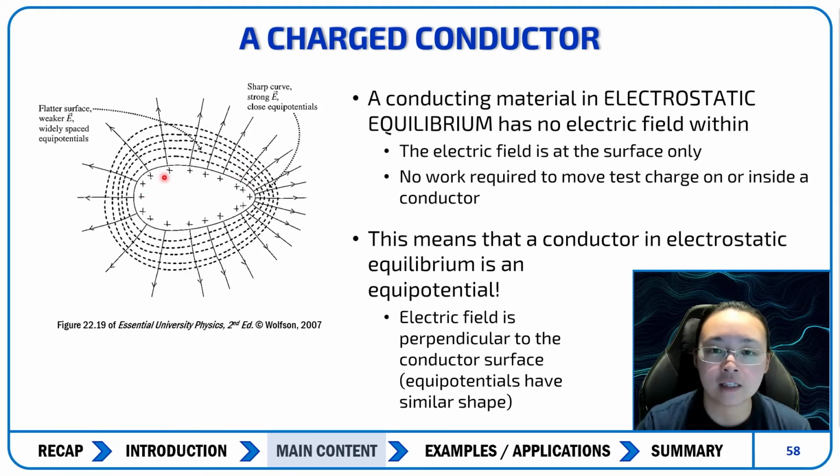So as the electric field lines radiate out from the positively charged surface, you have an egg-shaped equipotential line getting spaced out farther and farther apart as you go through it. And of course, if you have a higher curved area or an area of more curvature, that's where you have a stronger electric field because there's more charge allocated within that area.